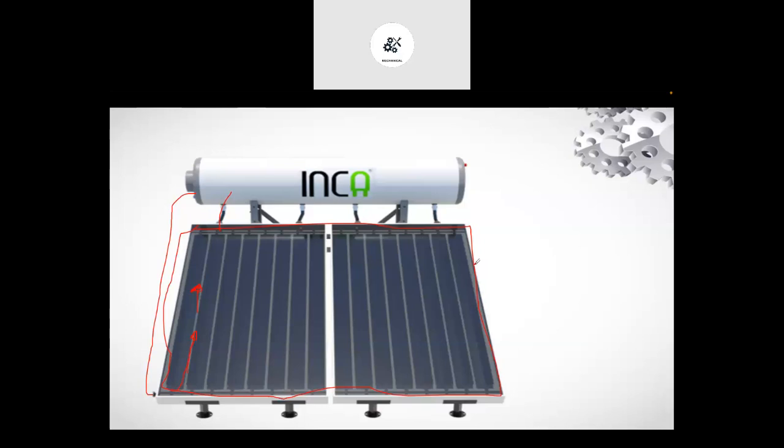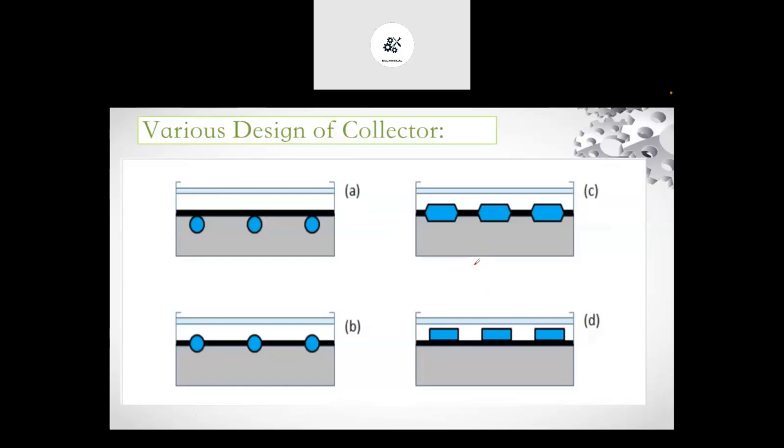Now there are different types of constructions or designs available to improve the efficiency or performance of the flat plate collector. You will see these are the various designs of collectors: the tube shapes, the placement of the tubes, the geometry of the cover, and the geometry of the fins and tubes are changed.